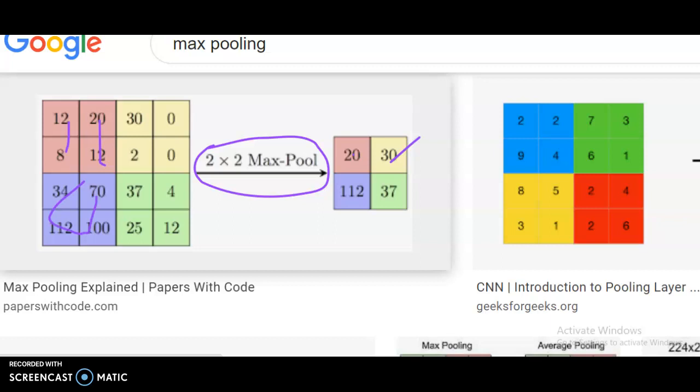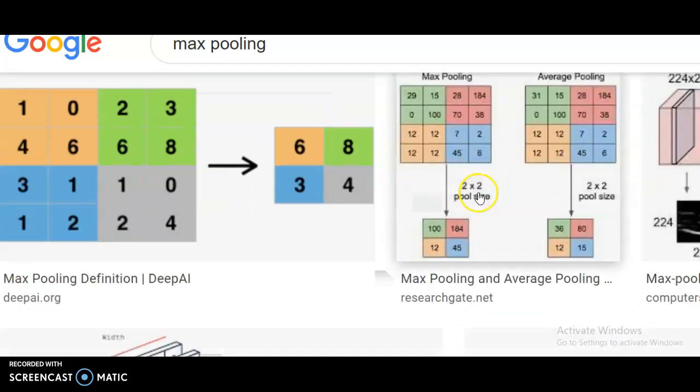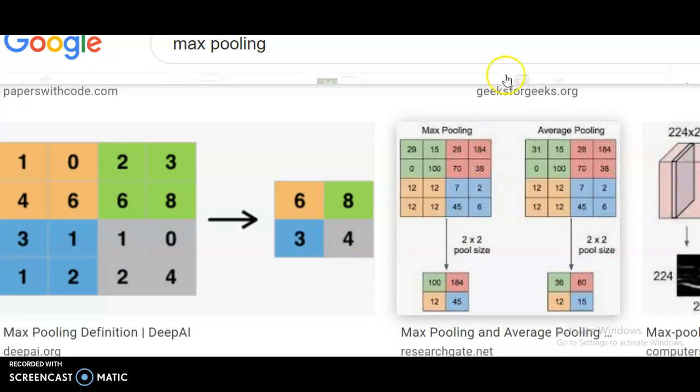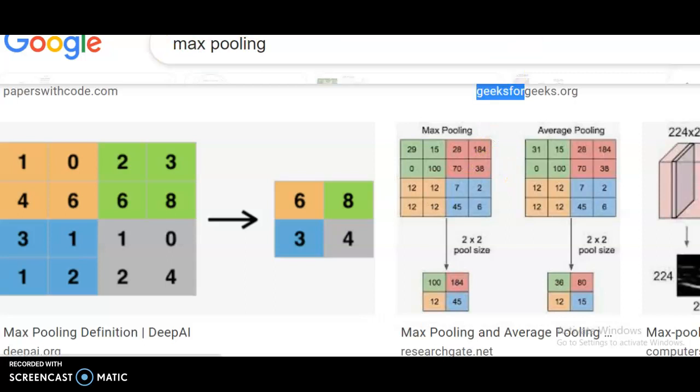So here also mentioning this is maximum pool, average pooling, 2 cross 2 pool size, 2 cross 2 pool size. So output, this output also same.